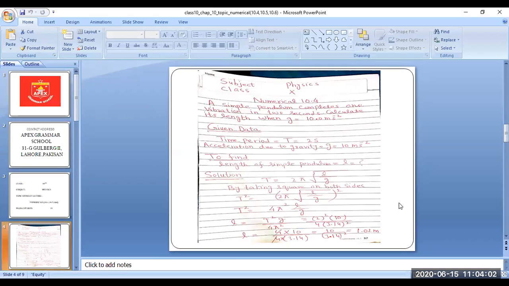I'm going to take the square on both sides. T square equals 2 square is 4 and pi square, and this square will be cancelled out with square root. So L over g will be left.